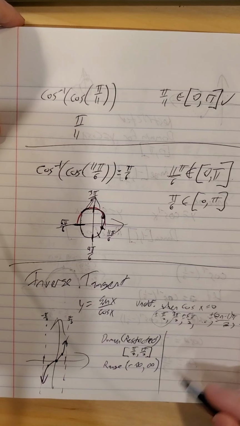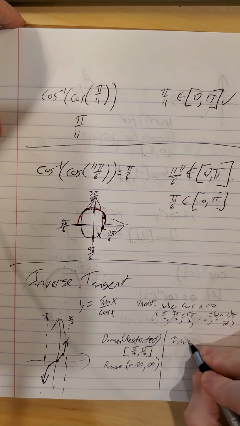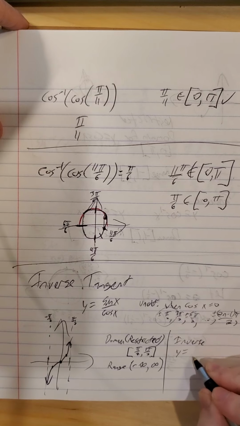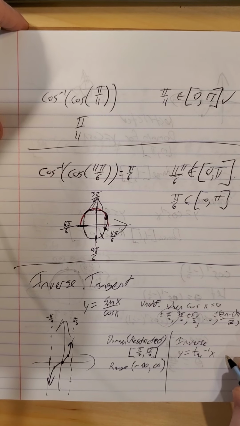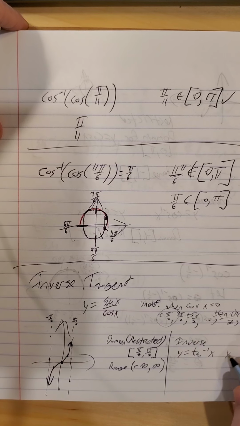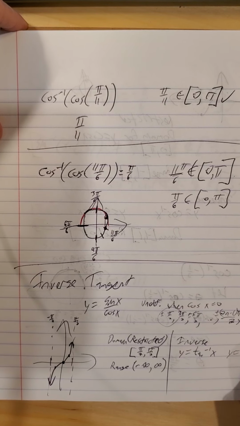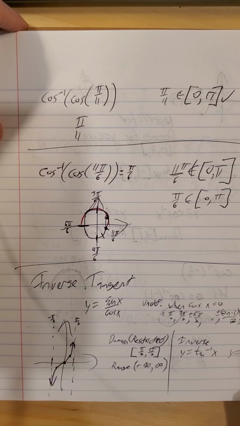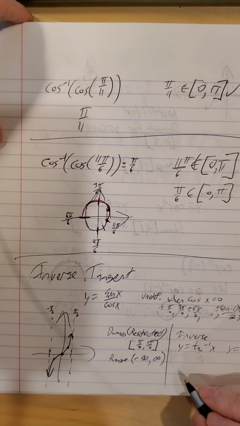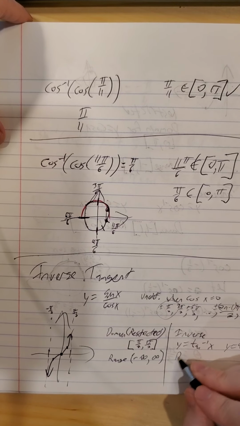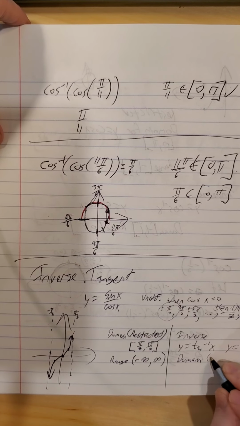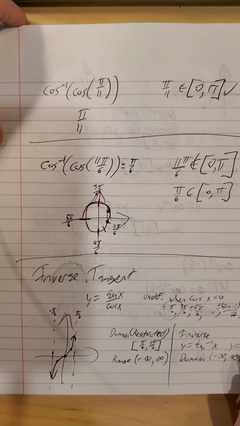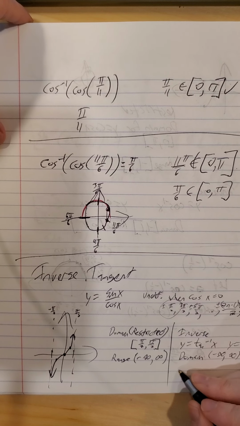So that means for the inverse, y equals arctangent of x, either written this way or written out, arctangent of x, they switch. So now our domain is unrestricted when we're working arctangent problems. Any real number, we can find the arctangent.